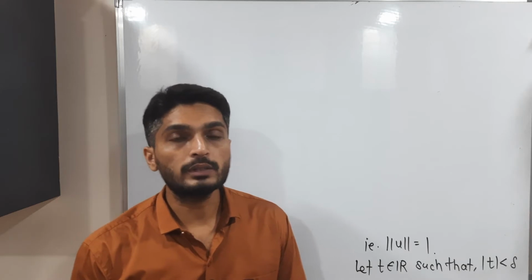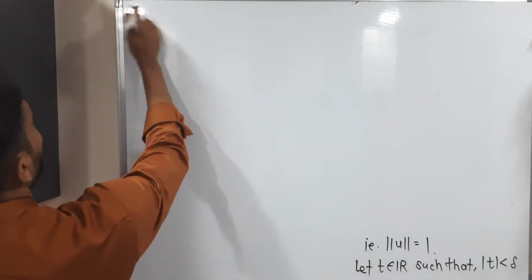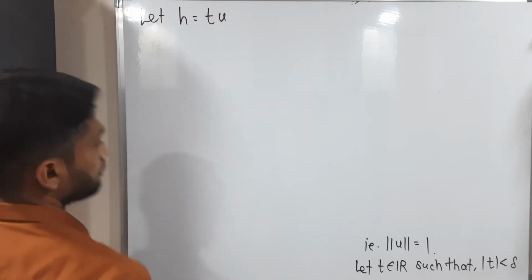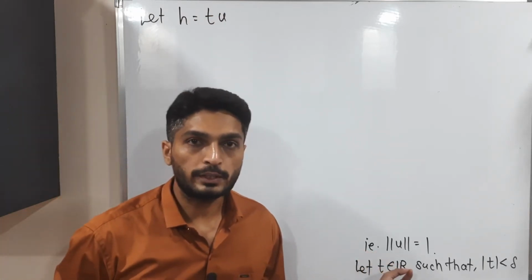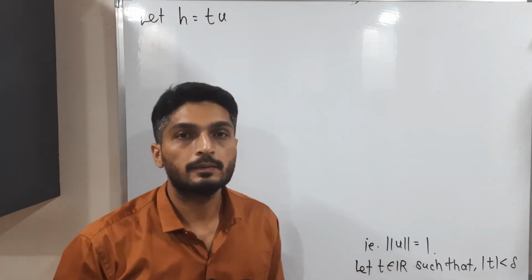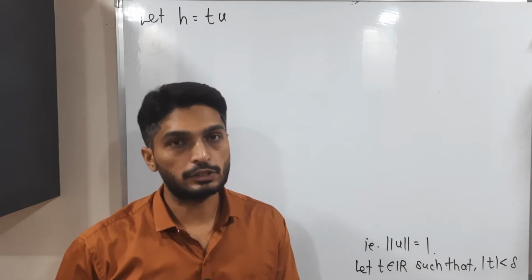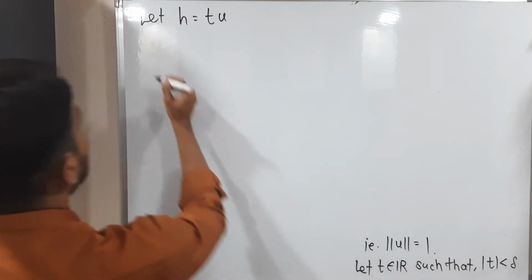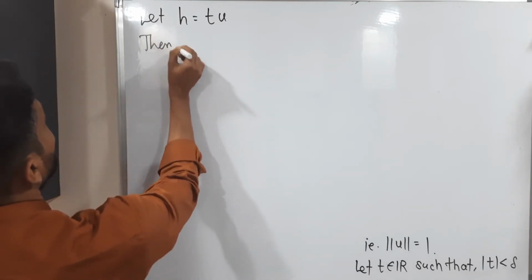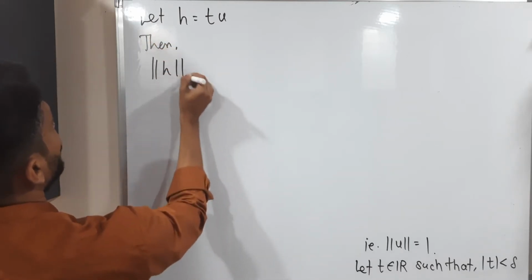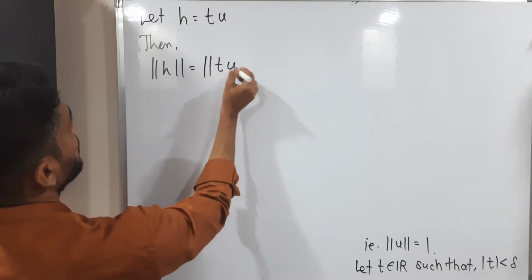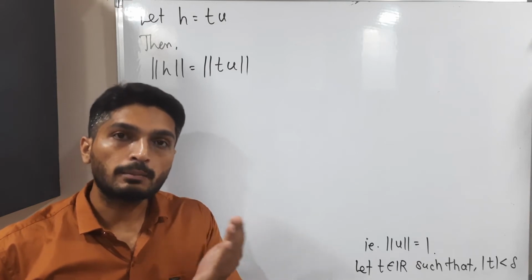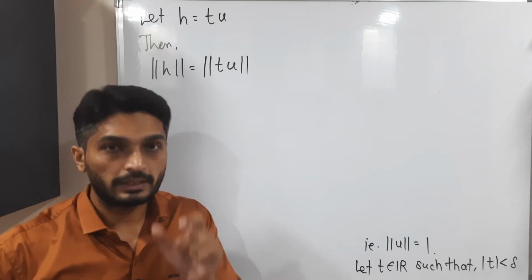After that, I am going to consider h. Let h is equal to tu. With the help of this unit vector u and this real number t, we have defined h. Let us find norm of h. Norm of h is norm of tu. Since t is a real number, it will come outside the norm, but with mod.